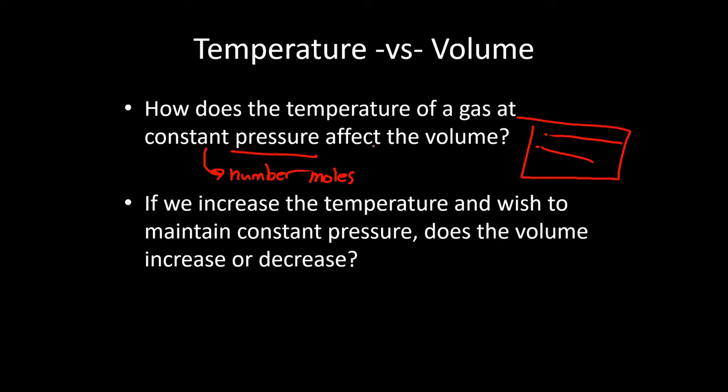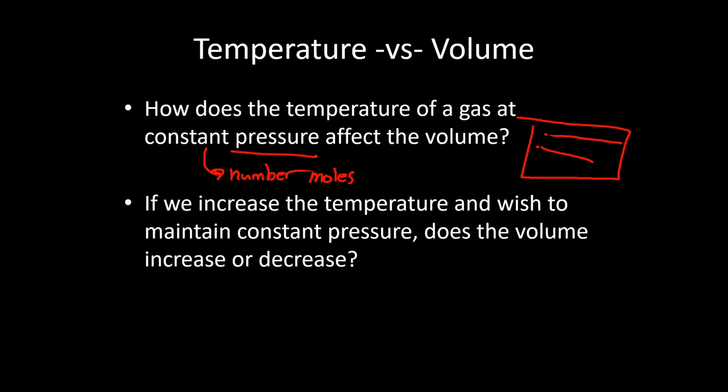And so because it's moving faster, it's going to impact the walls of the container more often, and so it's going to yield a higher pressure. Well, actually, since we're holding the pressure constant, in order to keep the pressure constant, it's going to force the volume of the container to expand.